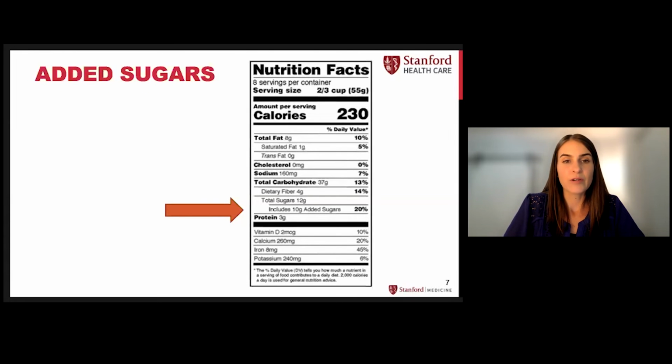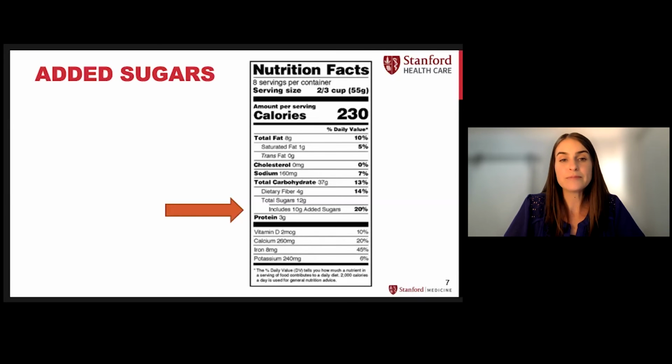The other thing that we want to look at, below the total carbohydrates, we see fiber, and then we see another row that says total sugar and then added sugar. That added sugar row is really insightful because in the past, we were never told as consumers how much sugar is actually added to the product. What this added sugar number means is it's telling us the amount of sugar from external sources, which could include things like table sugar, syrups, honey, agave syrup.